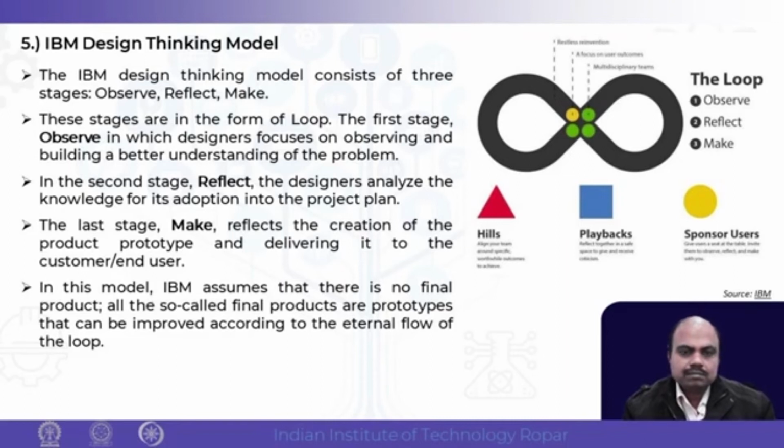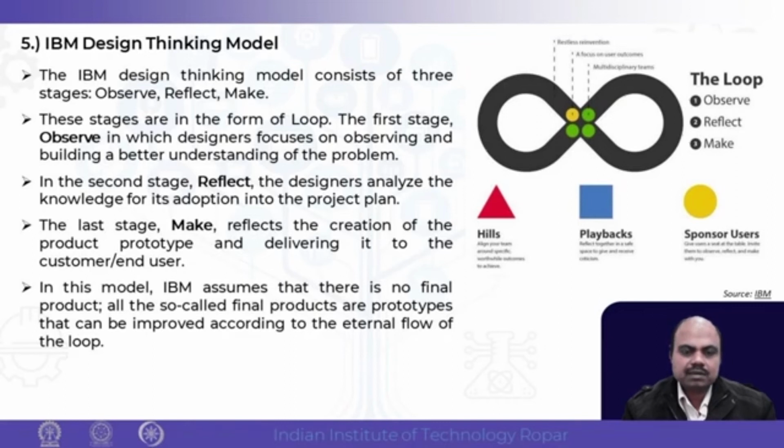So the IBM design thinking model consists of 3 stages: observe, reflect, and make. These stages are in the form of a loop. The first stage is observe. In this, designers focus on observing and building a better understanding of the problem. The second stage is reflect. The designers analyze the knowledge for adaptation into the project plan.